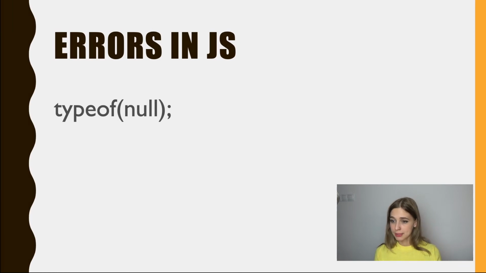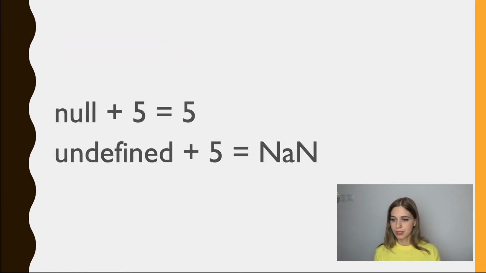And let's go back to the presentation. Null plus 5 is 5, but undefined plus 5 is not a number. I think when we were discussing not a number, we had those examples or similar ones. But null, by computer, by program, will be read as a 0, because JS would always try not to throw an error.